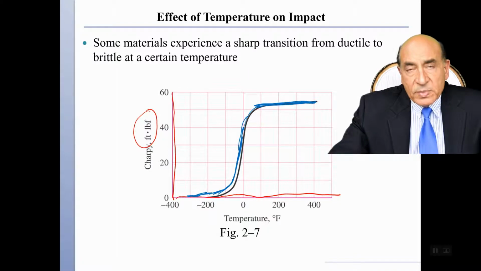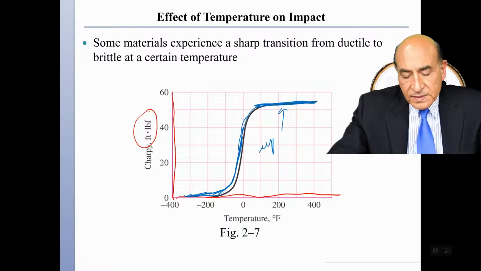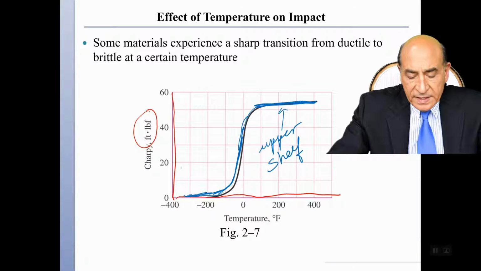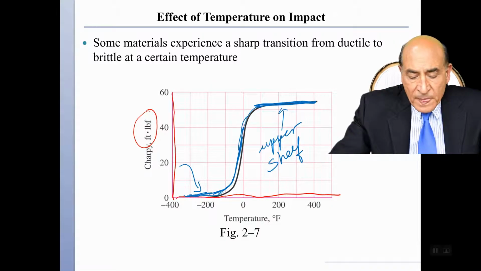So it has one plateau at high temperatures and a lower shelf. This plateau here is called the upper shelf. And this plateau here, it shows 0, but it's very, very small. This is called the lower shelf.